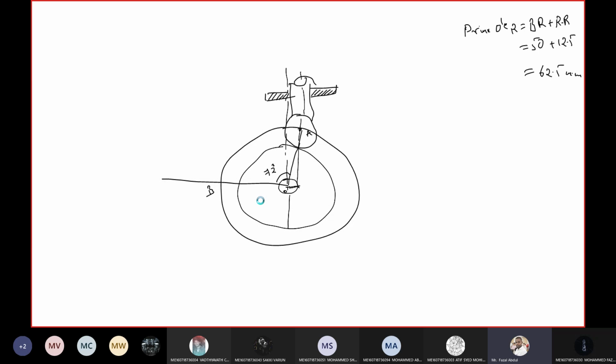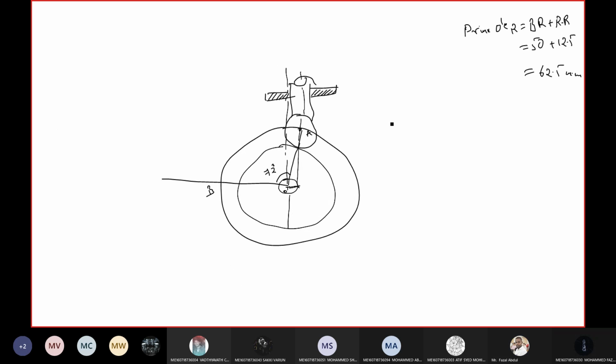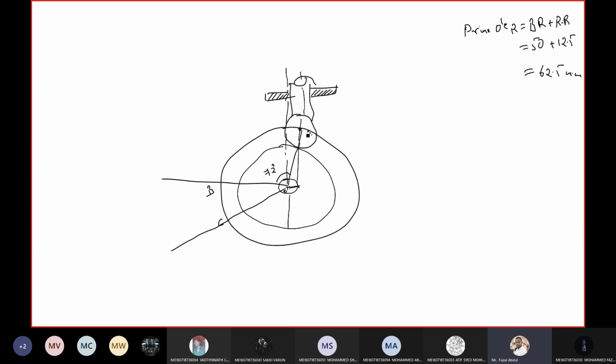Now in the dwell period, what is the degree here? 18 degrees. So measure 18 degrees with the D scale and give that the name C. Then the next one is 180 degrees, and the last one is 90 degrees.